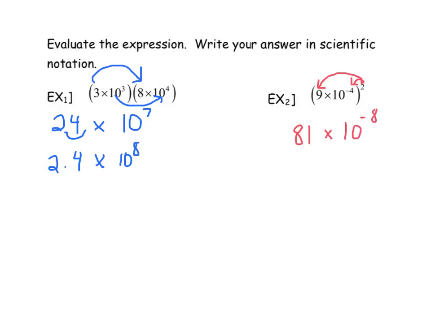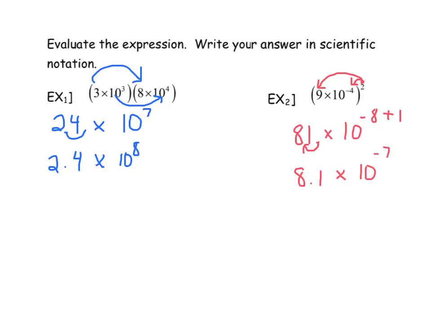And again, this is not in proper scientific notation. So I have to move this over to the left, just like I did in the previous one, and I have to add 1 to the exponent. So I get 8.1 times 10 to the negative 8 plus 1, which is negative 7.